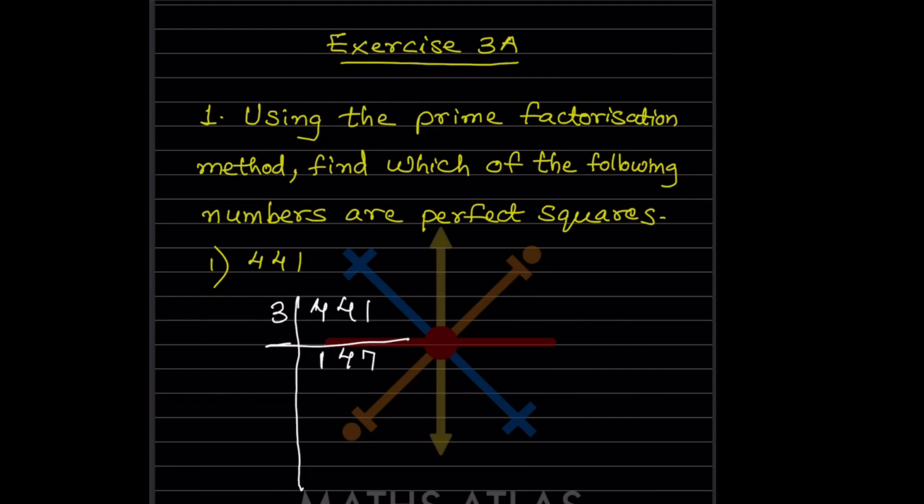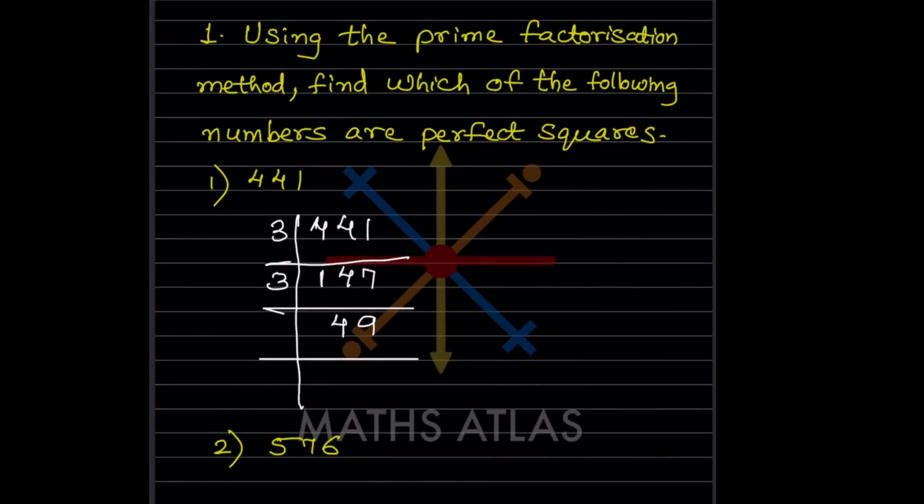Again this goes with 3: 3 fours are 12 and 3 nines are 27. Now this is not possible with 3, so we see that it is possible for 7. 7 sevens are 49, and 7 ones are 7. Now we have 1 at the last.